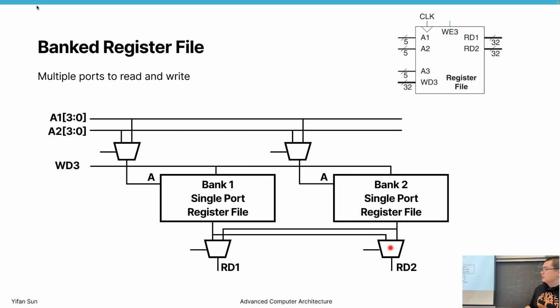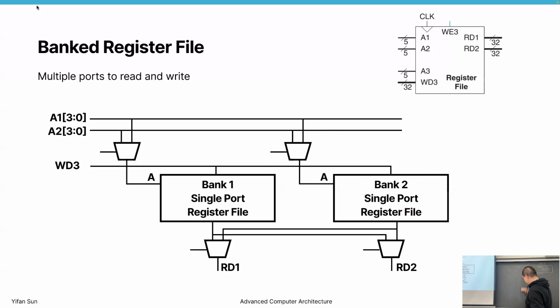Okay, but there's a cross line here, because some data that we want to read from bank 2, we actually want to read through the RD1 line, and sometimes we want to read data from here, but we want to read data actually from this port. So what is actually in this register bank 1 and what is actually in bank 2, you can consider in this way.